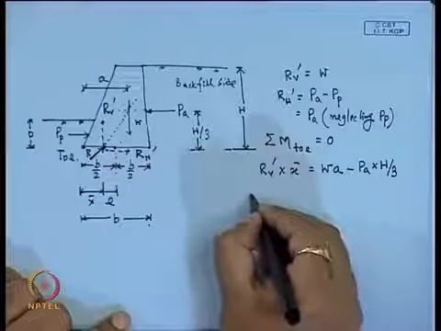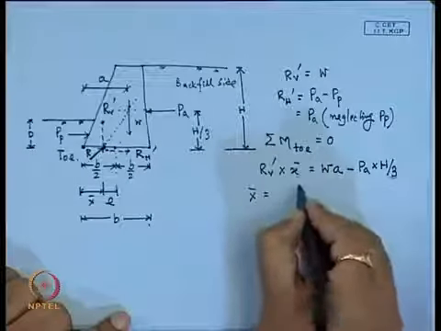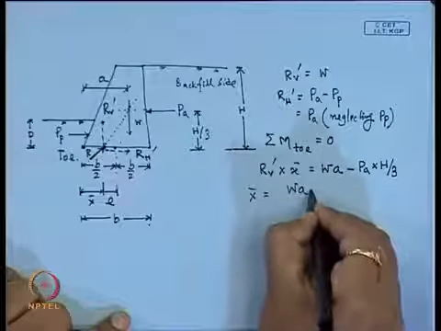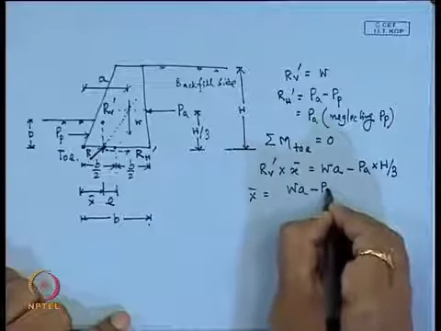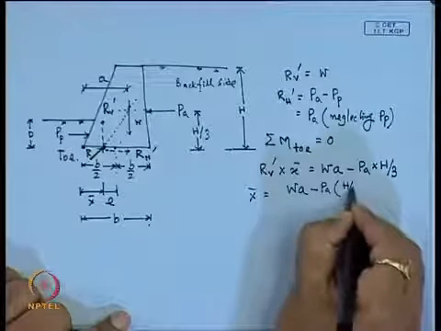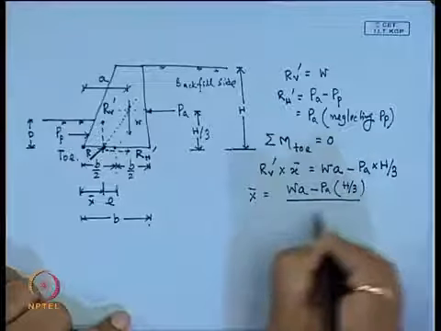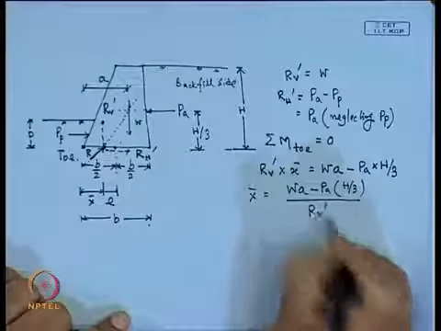So, we can write that x bar is equal to (W a minus P_a into h by 3) divided by R_v'.